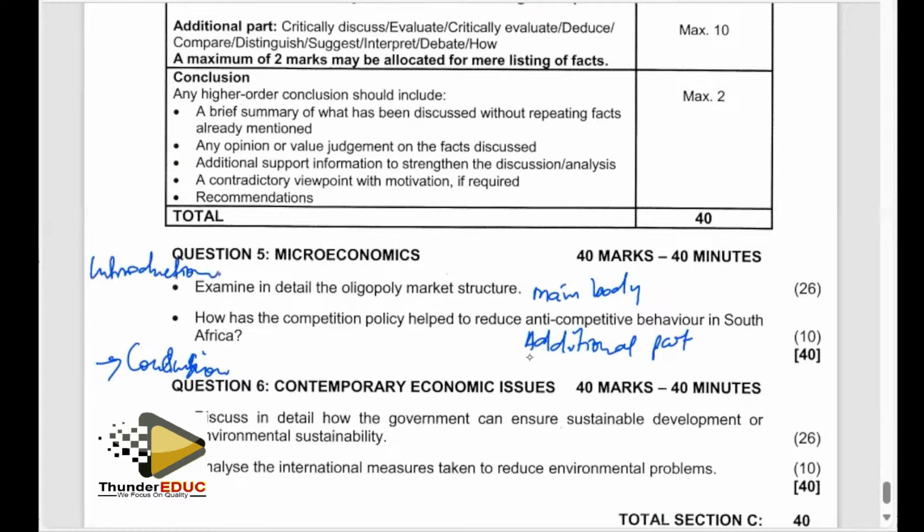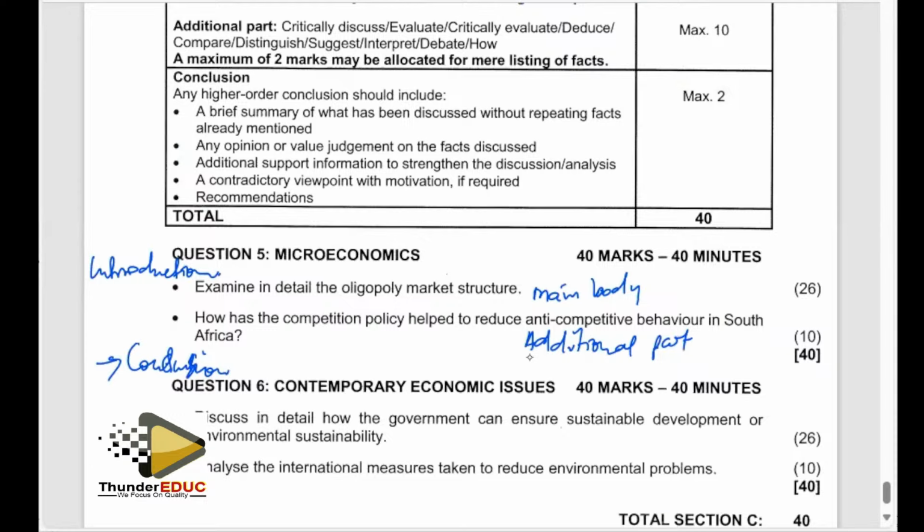Okay, right. So now let's go through this and actually check. So now the question says, examine in detail the oligopoly market structure. Okay, right. So now under introduction, you can actually say that the oligopoly is a type of imperfect market in which only a few large producers dominate the market.